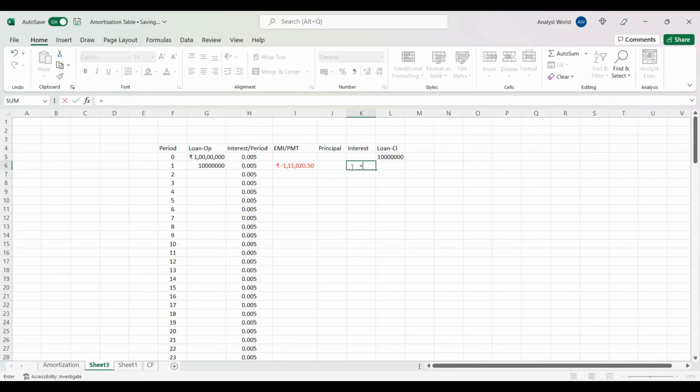Now what I want you to do is to take this value, then multiply with this rate.